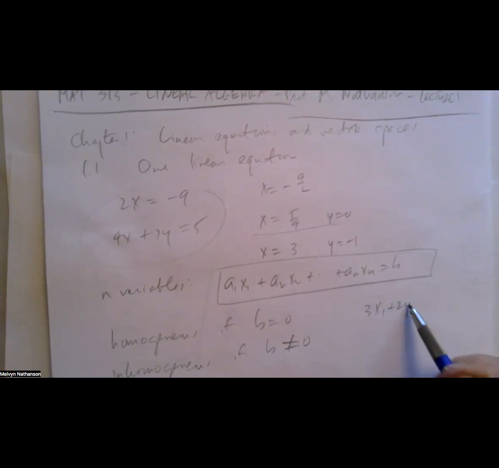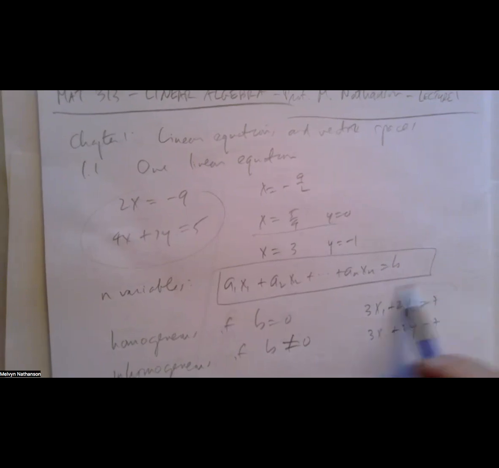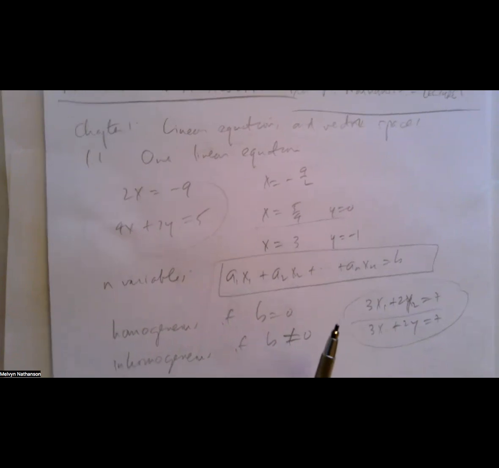And the letters you use for the equations are up to you. You could have an equation like 3x1 plus 2x2 equals 7, or you might like to write the variables as x and y. Again, it's the same equation, just a choice of different letters for your variables.